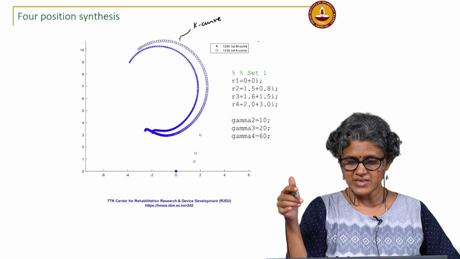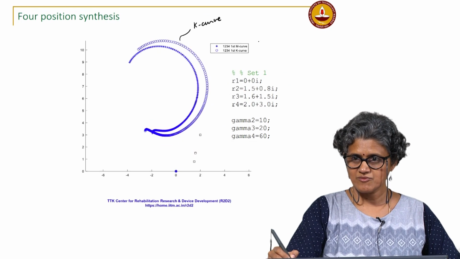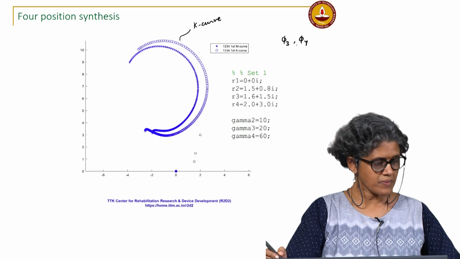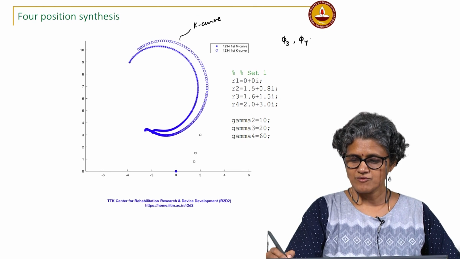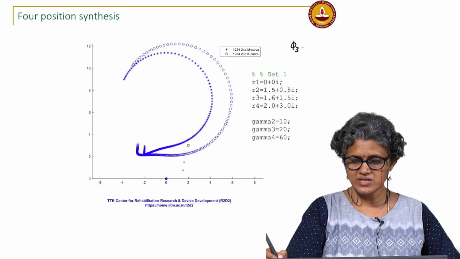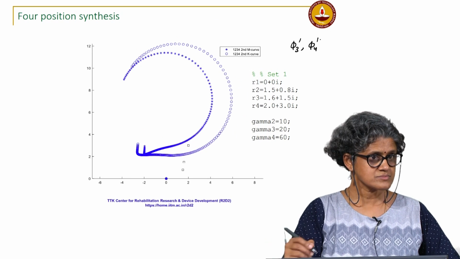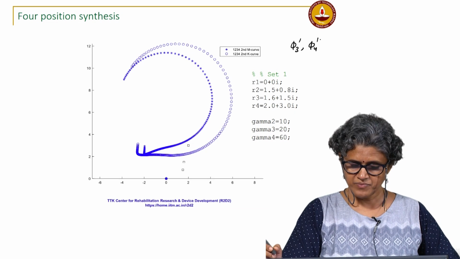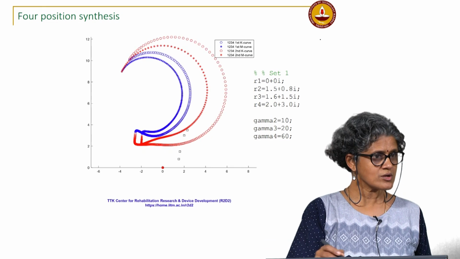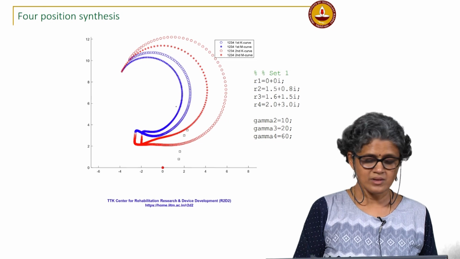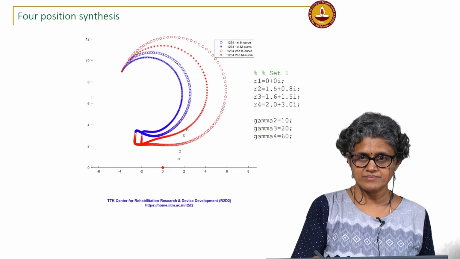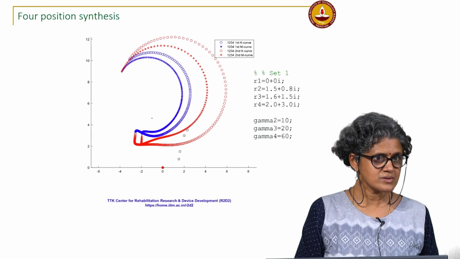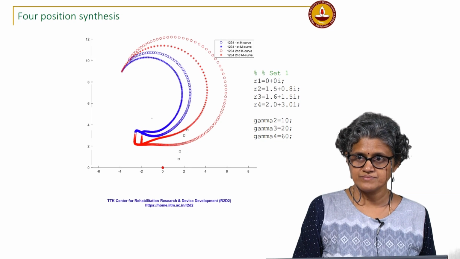This is for phi 3 dash phi 4 dash, same phi 2, in the compatibility equation. And if you look at it, if I plot both on the same plot, you can see that they meet, because this particular linkage is capable of full rotation.